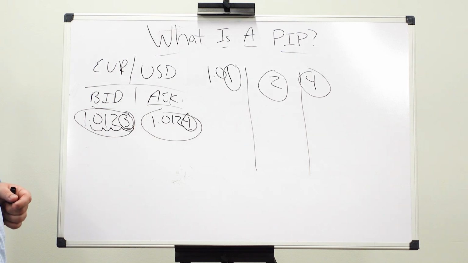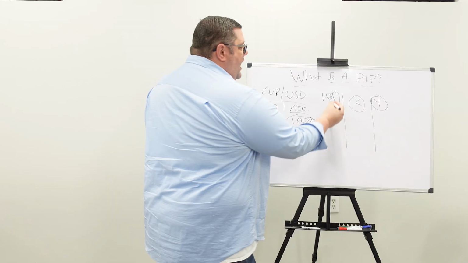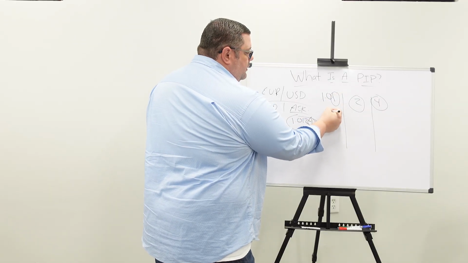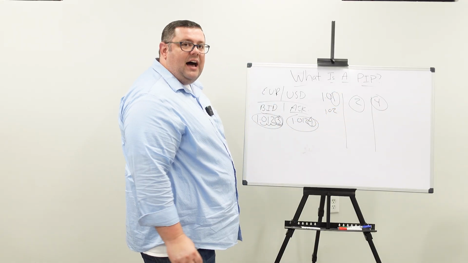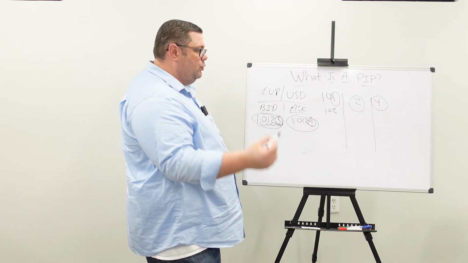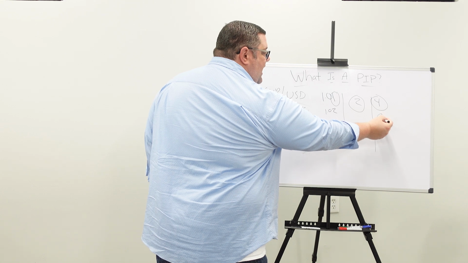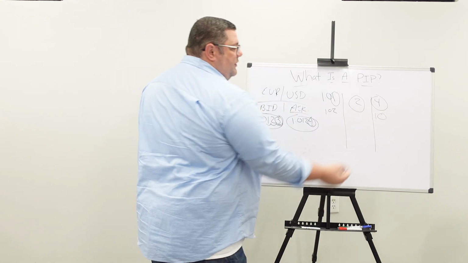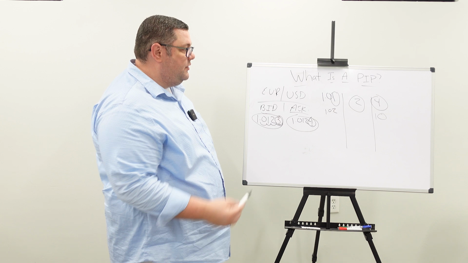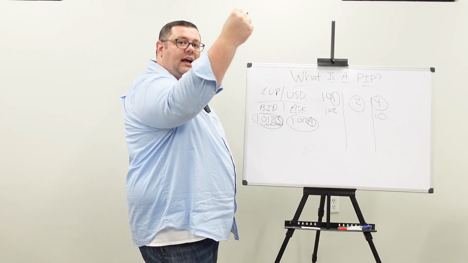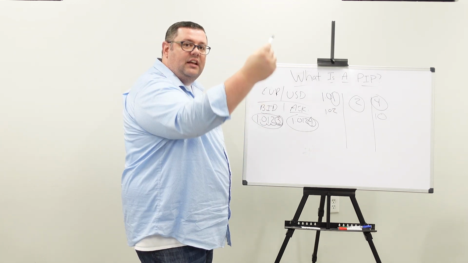So what we're really saying here is for every penny, if this changes to 1.02, then this would have to change 10 different times. This would have to roll over 10 times: 4, 5, 6, 7, 8, 9, 0. 1, 2, 3, 4, 5, 6, 7, 8, 9, 0.